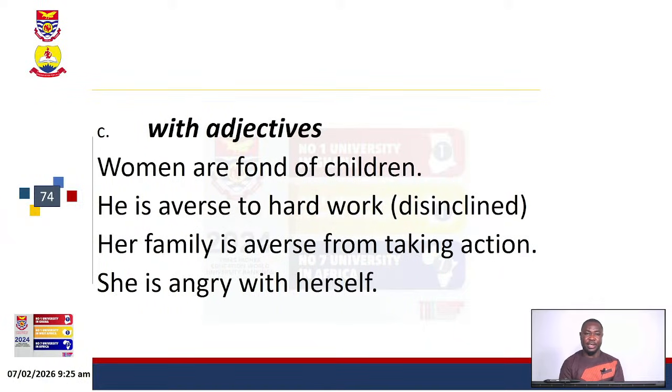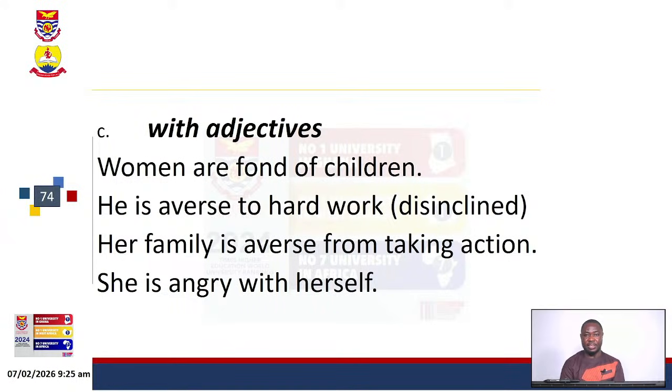Good. It can also be combined with adjectives. Women are fond of children. Not are found, it's fond. Fond here is an adjective, working with the preposition of. He is averse to hard work. That's not nice at all. Averse here is an adjective, to is our preposition.